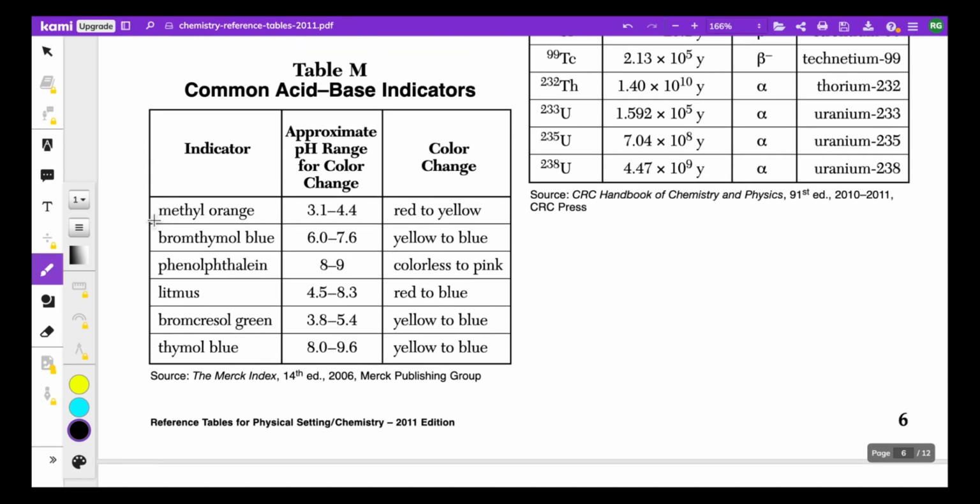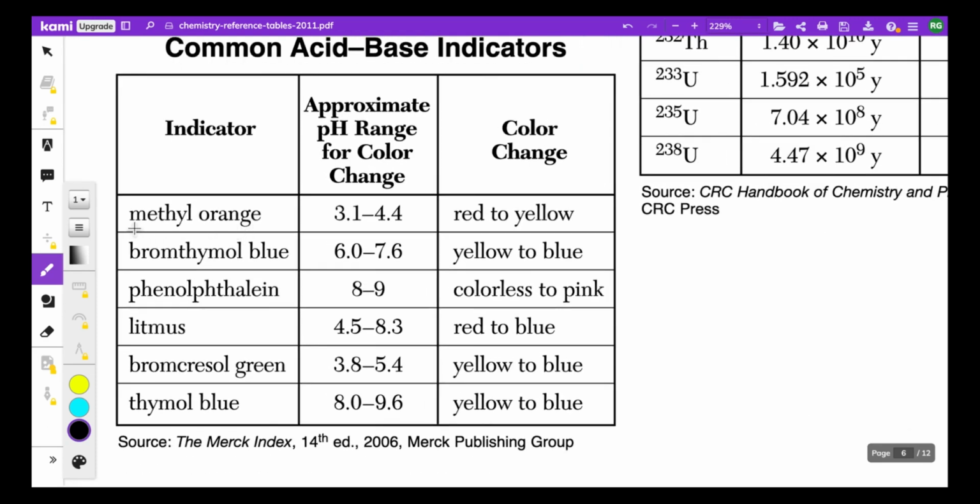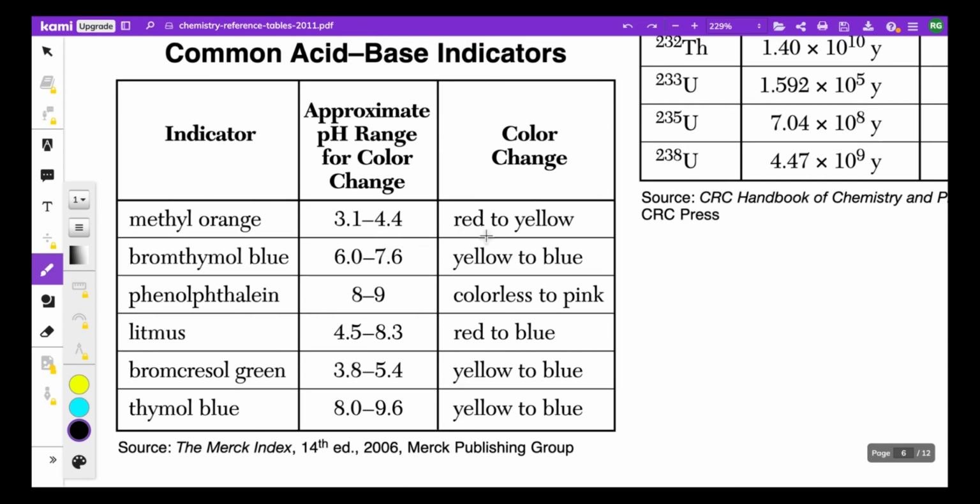Right now, let's say we're looking at methyl orange, okay? What this pH range means is that methyl orange is actually going to change color from red to yellow. So that's the approximate pH range for color change.